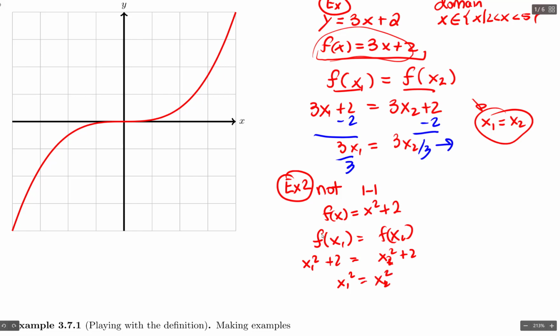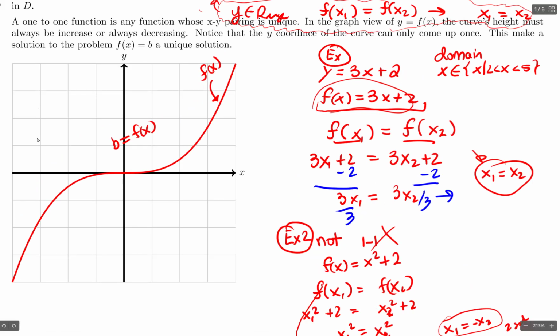And the trick is I should take the square root of both sides. That's how I get rid of the square. And if you solve an equation by taking the square root, you have to remember there are two possible solutions, the positive solution and the negative solution. So these two x values are exactly the same, or one is the negative of the other. And since we have two solutions, this function cannot be one-to-one.